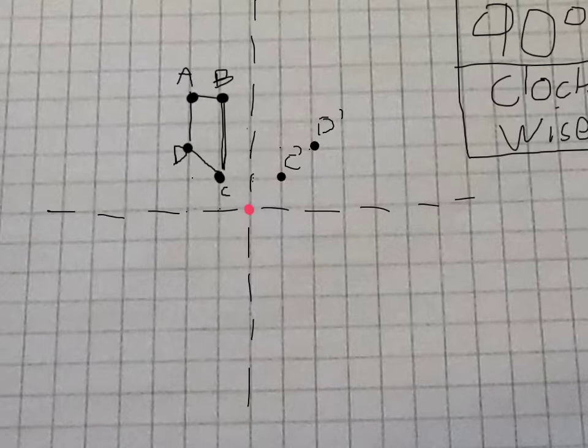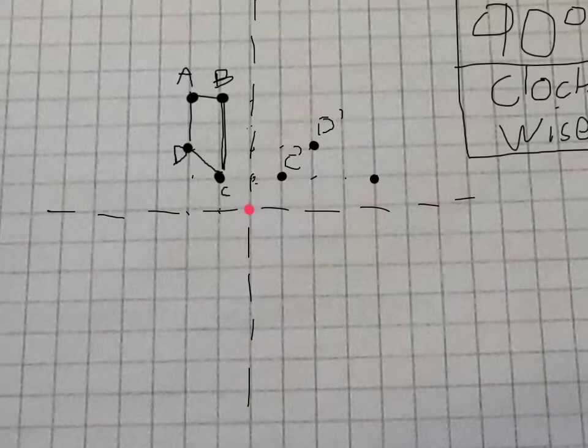And for B, you go 1, 2, 3, 4. So 4 up and 1 to the side. So you would go 1 and then 1, 2, 3, 4.